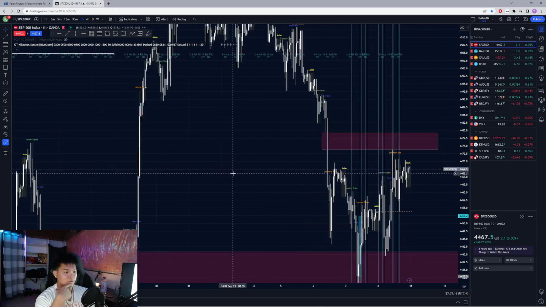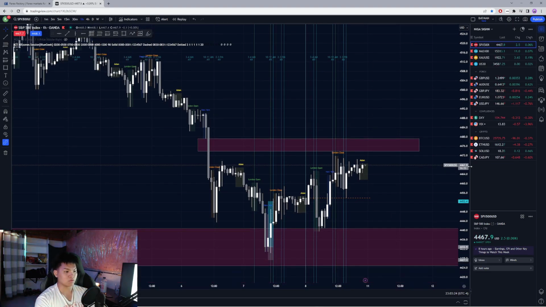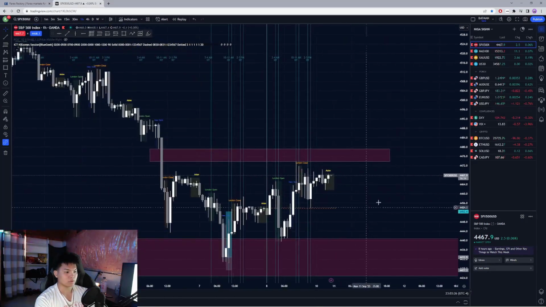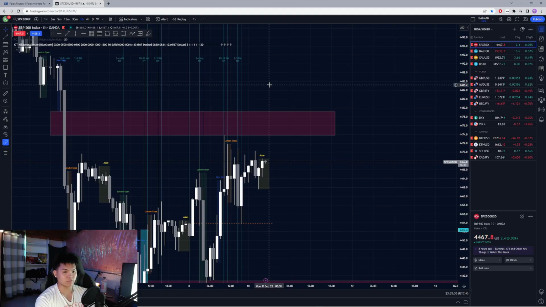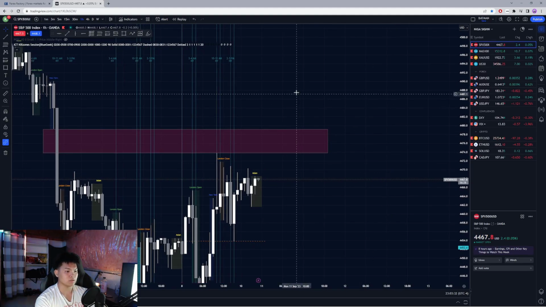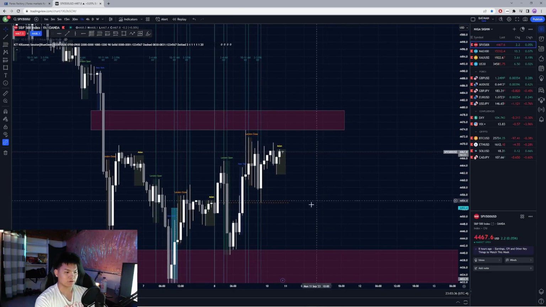Once we fill this up, it will test this demand and this supply zone, and it can go down. So currently we are bullish until it fills up and does a rejection. That's when we can look for sells.